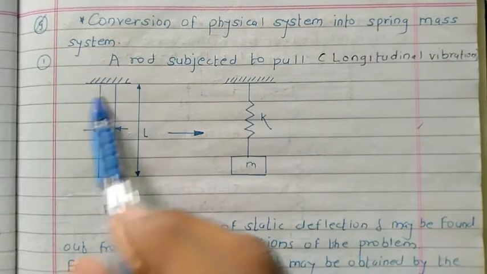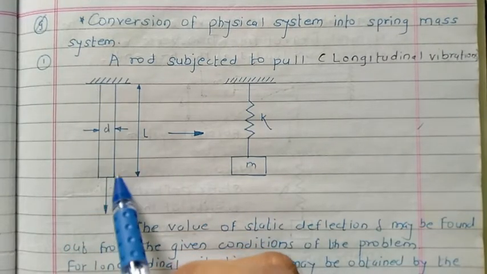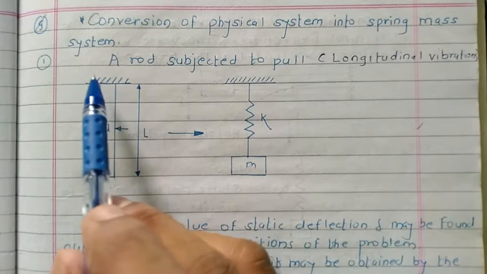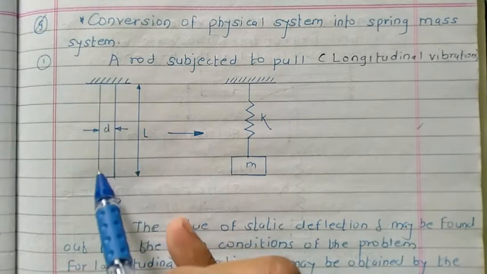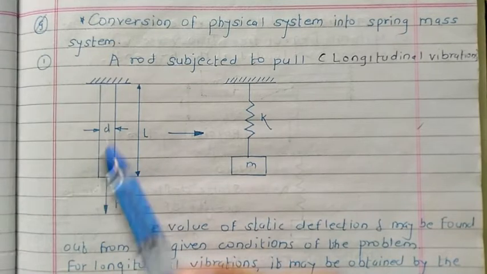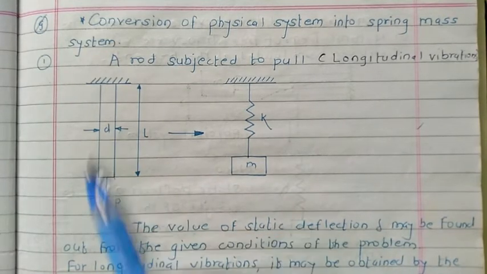Here one bar is attached at a fixed end. When longitudinal oscillations are given to this system, it will start to oscillate about the mean position.